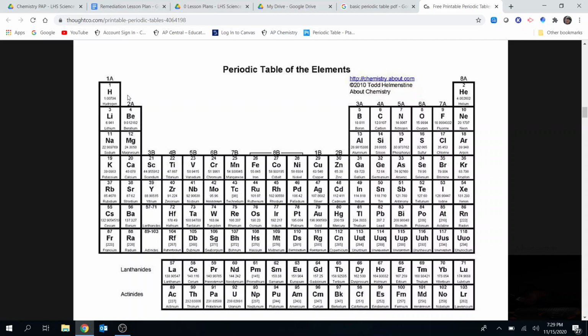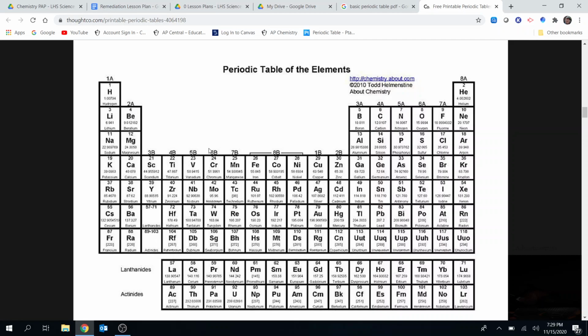You're right, it's easier to lose 2. Now, losing 2 negative charges will leave you with an overall positive 2 charge. So again, the group 2A will actually be losing 2 electrons and will develop a plus 2 charge.